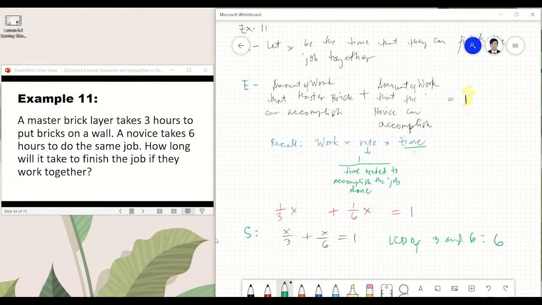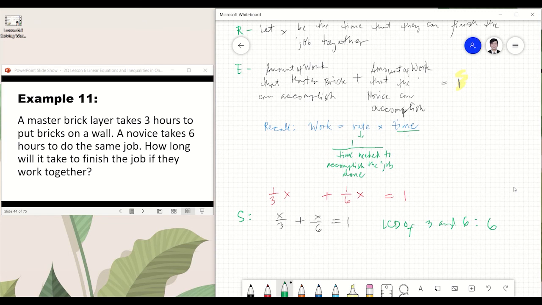So, ibig sabihin nun, kung 6 yung LCD, mamultiply lang natin siya sa both sides ng ating equation. So, multiply 6. Multiply ka din ng 6 sa right side. So, ito yung common mistake ng mga estudyante. Nakakalimutan nila mag-multiply ng 6 sa right side. So, huwag natin kalimutan, whatever you do on the left, do on the right.